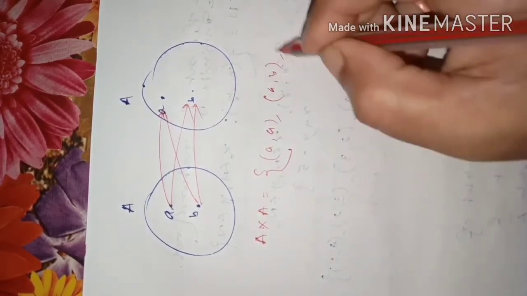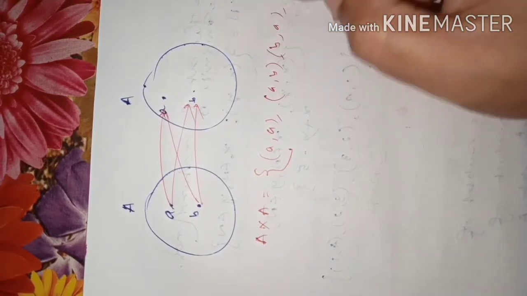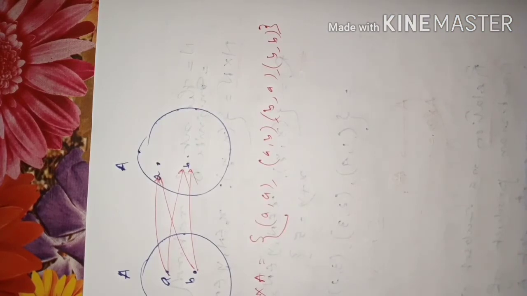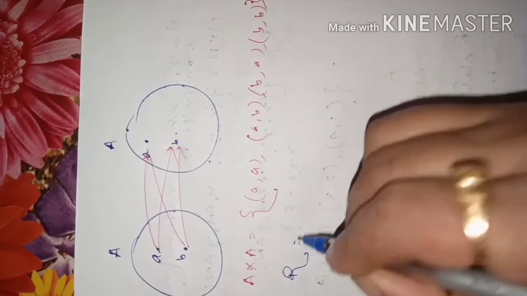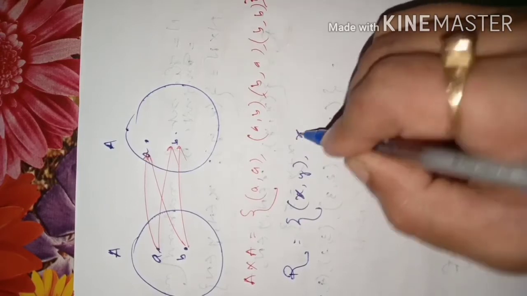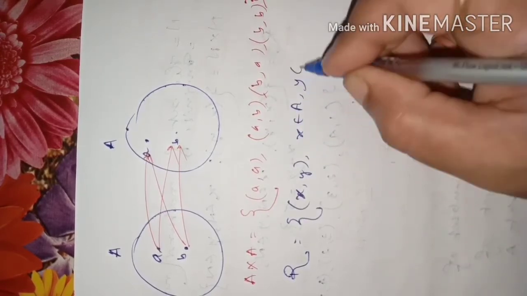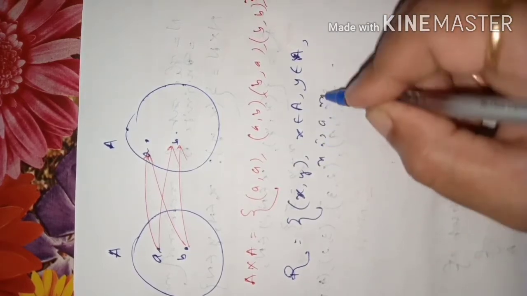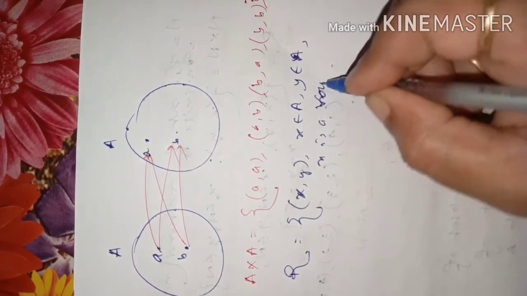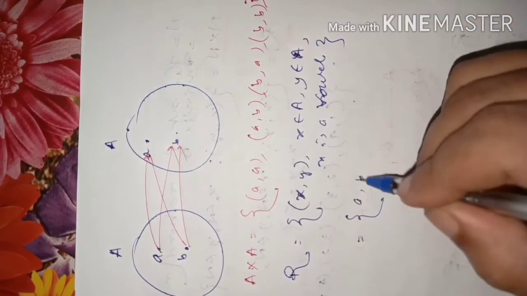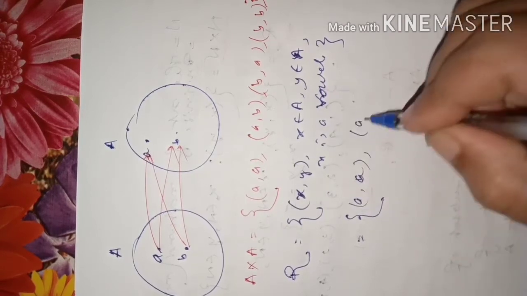Now what I was going to say is that I have defined the relation R such that the pair (x, y) we take here, x belongs to A, y also belongs to A, and x must be a vowel. Then which will come here? (a, a) and (a, b).